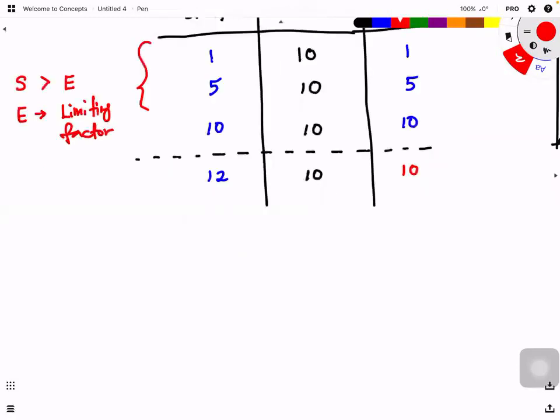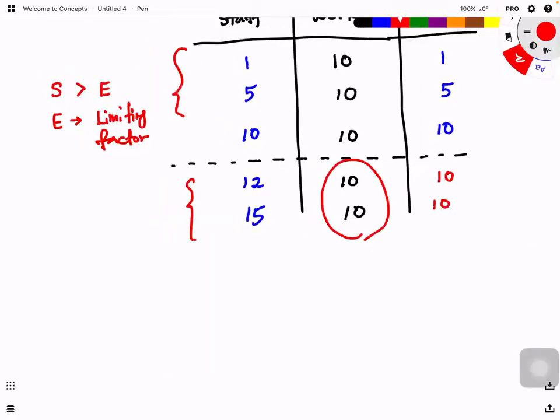But when you come to this part, so I increase, let's say to 15, useless, because my work will limit the process. Can you see that? So in this case, you can see that my enzymes are actually more than the substrate. So it means that now substrate acts as the limiting factor.